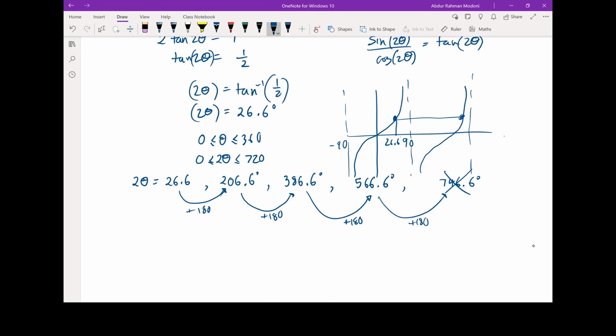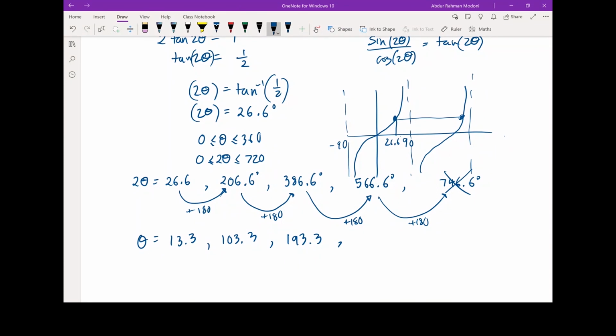Now we can find out what theta is by dividing both sides by 2. So theta is equal to 26.6 divided by 2, that is 13.3 degrees. 206.6 divided by 2 is 103.3. 386.6 divided by 2 is 193.3.